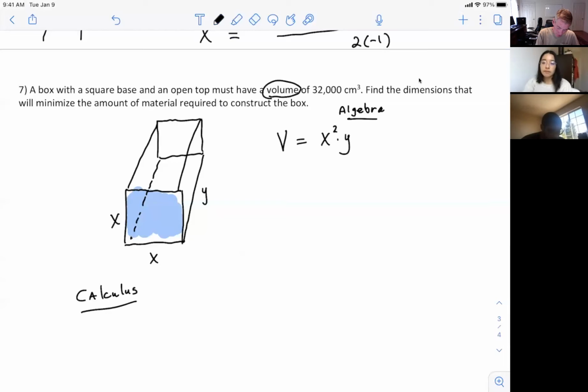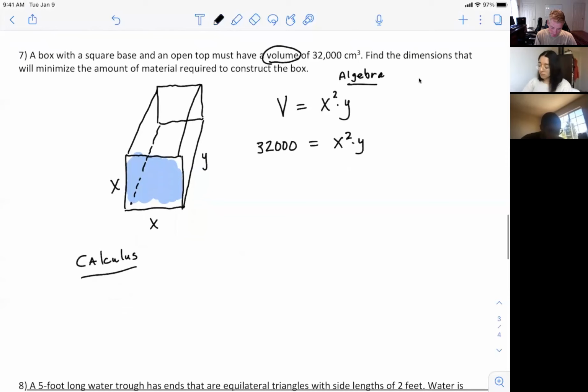So I could plug that in for the volume. 32,000 equals x squared times y. And then I could use that to either solve for x or y. I'm not sure which one I should solve for, so I'm just going to wait, and I'm going to go work on the calculus part, and then I'll come back to the algebra part.